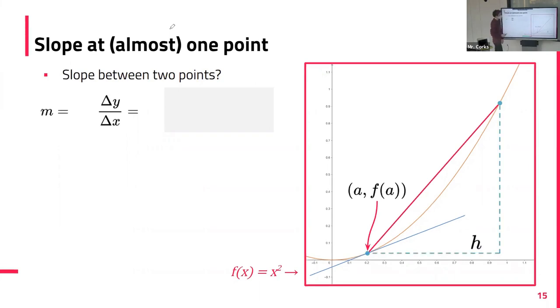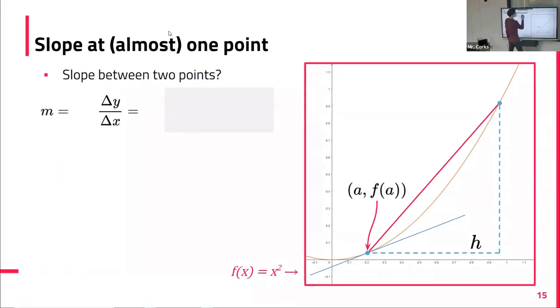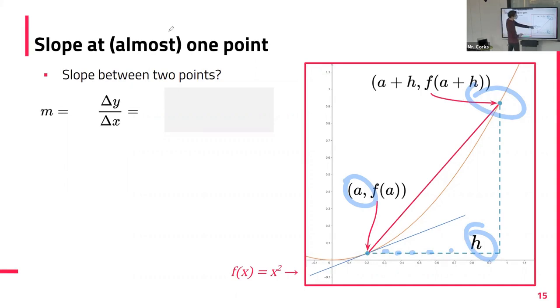So we're going to define, well, what are the coordinates of this new point here? Well, if this point is a, and then we have our delta x here is h, then it must just be a plus that difference. A plus h is the x coordinate there. And then the y coordinate is just the function at a plus h.